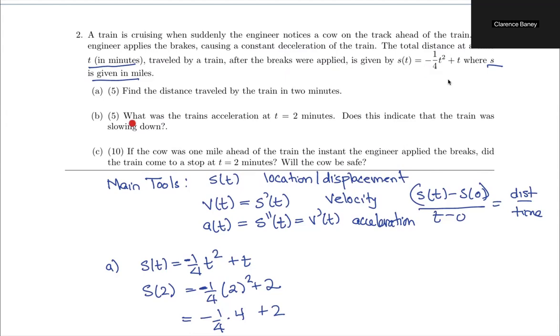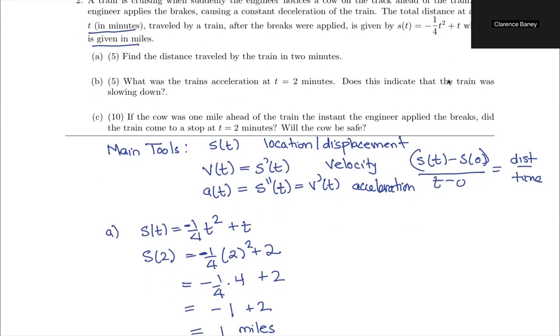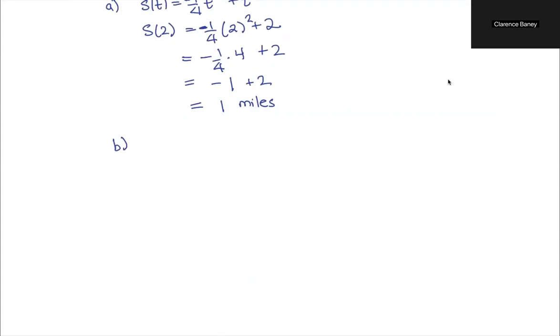So we want to know the train's acceleration at t equals 2 minutes. I need to find the second derivative of s. The first derivative, which is the velocity, and you will need that at some point in the problem, will be negative 1/4 times 2t plus 1, so that's negative 1/2 t plus 1.